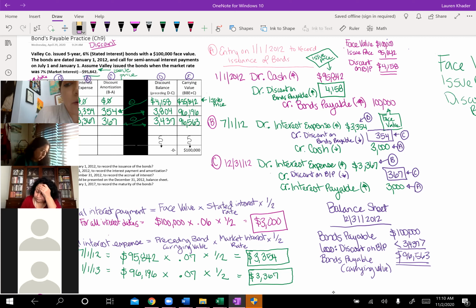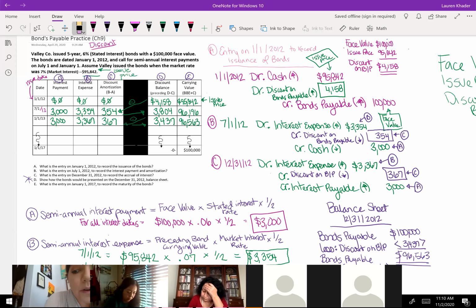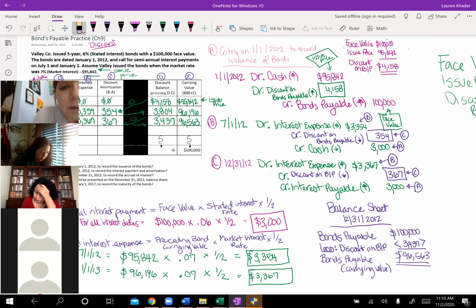If we did not record that last journal entry, we would have understated our liabilities because we would have only shown a bond carrying value of 96,196.